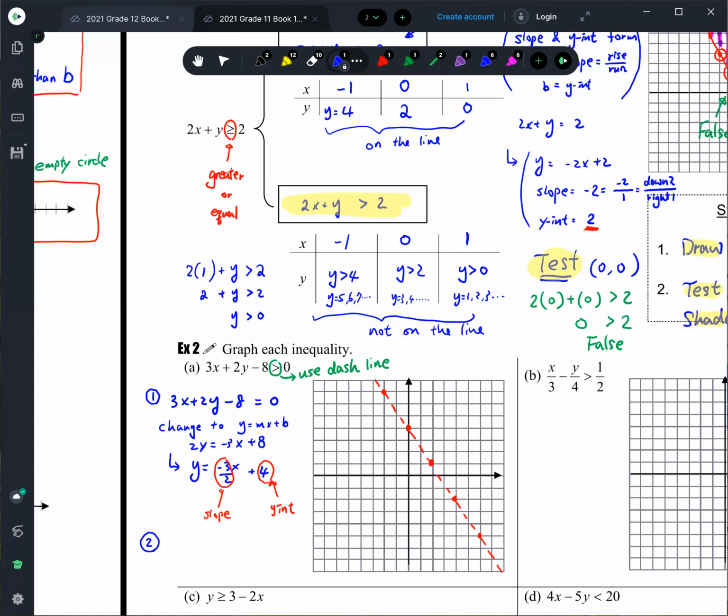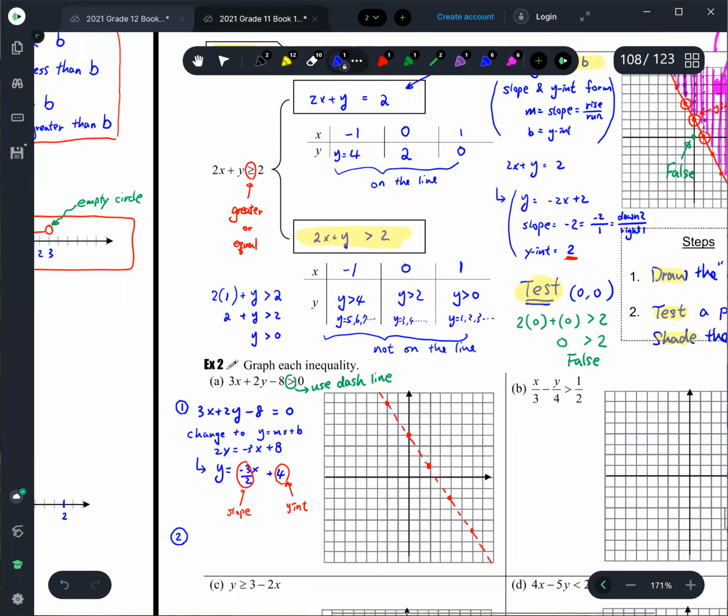What is step 2 now, Mackenzie? Mackenzie, what is step 2? We have 2 steps, right?